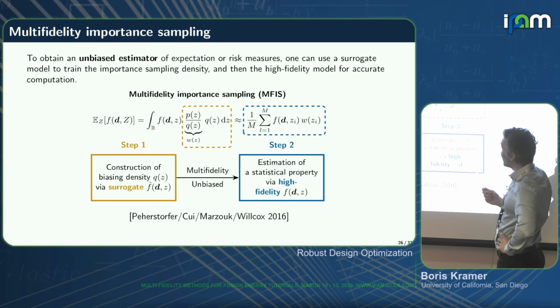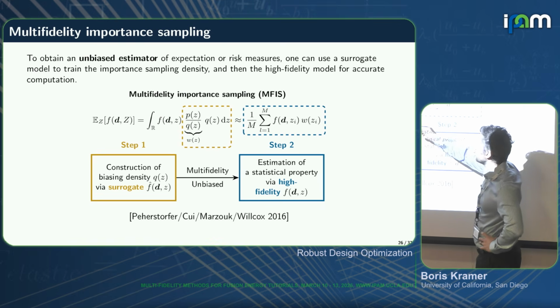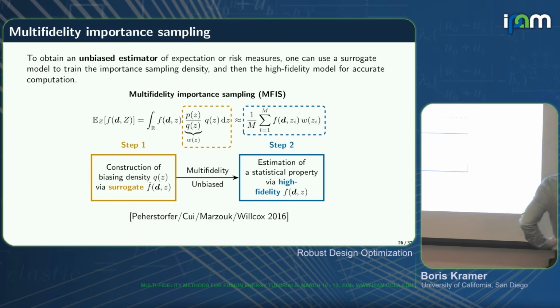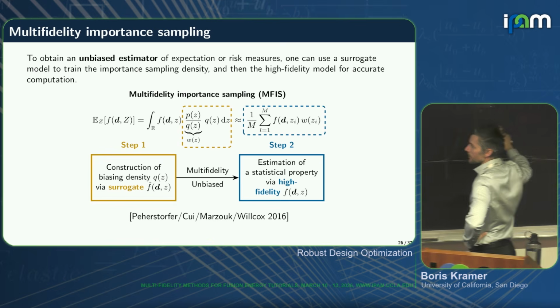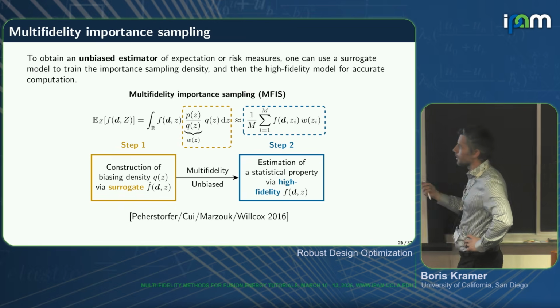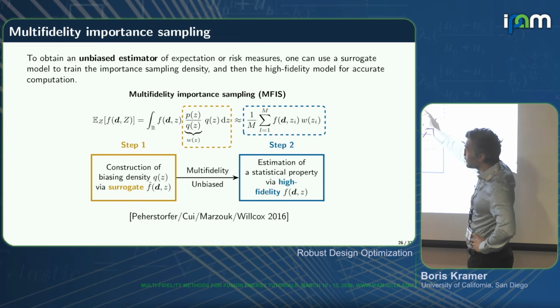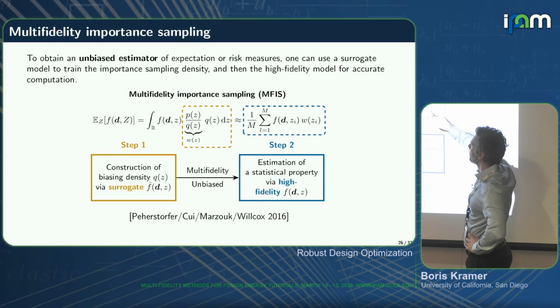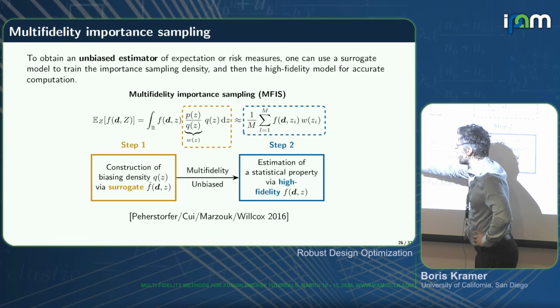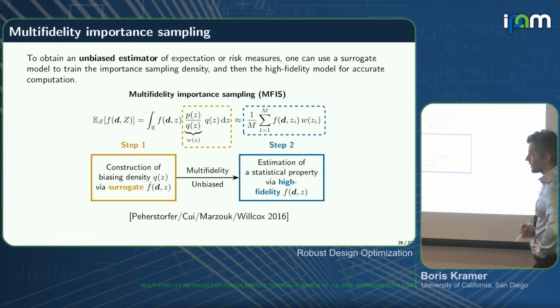Really what you do now is draw samples from this new Q, this red one. I count zeros and ones, or I count other things for the quantity of interest. And then I have to reweight.